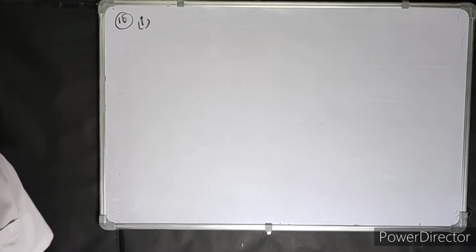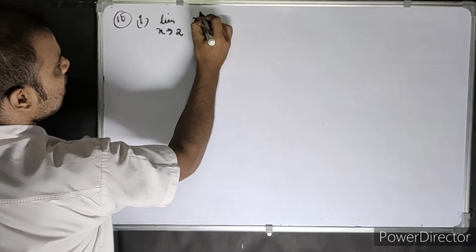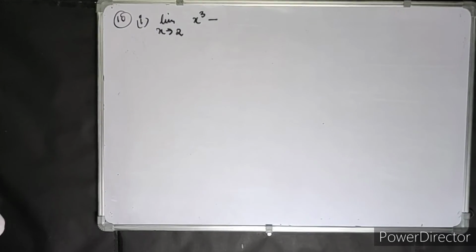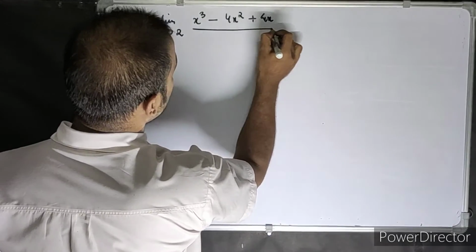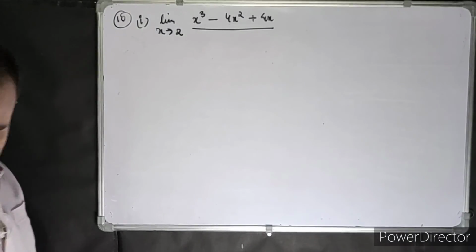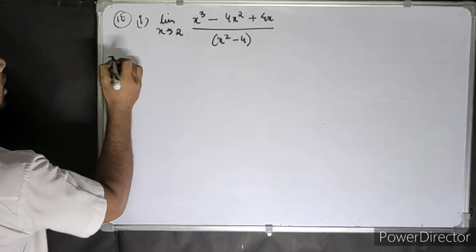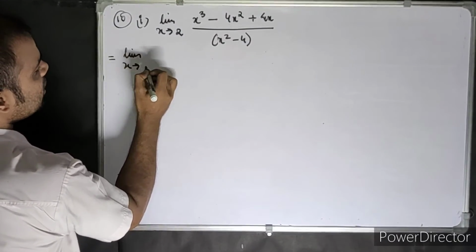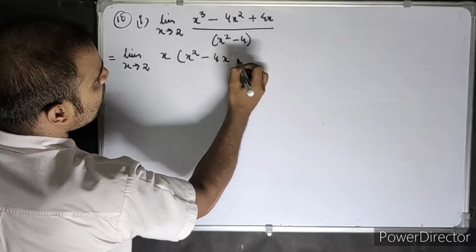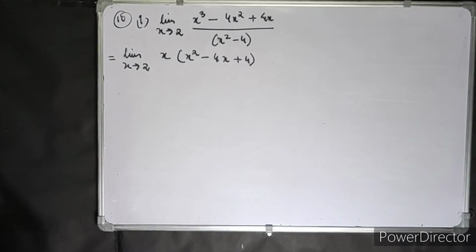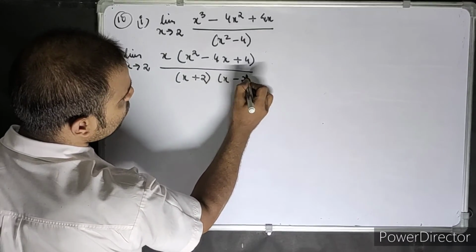10 part 1 is given as limit x tends to 2, x cube minus 4x square plus 4x, whole thing divided by x square minus 4. Very simple question. Limit of x tends to 2, take x common, x square minus 4x plus 4, and this is (x plus 2) and (x minus 2).